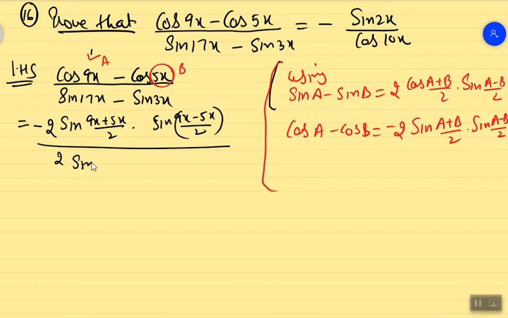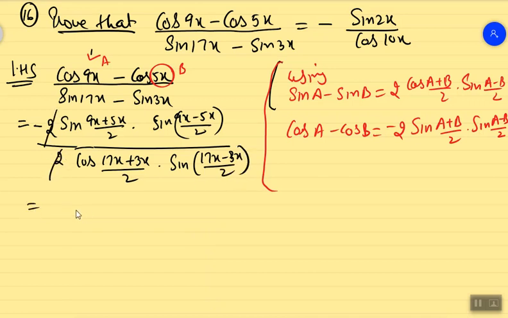2, it's a cos, better, there will be cos (17x plus 3x) by 2 and sin (17x minus 3x) by 2. Now in the numerator 2 cancels out: minus sin 7x, (9x minus 5x) by 2, sin 2x.